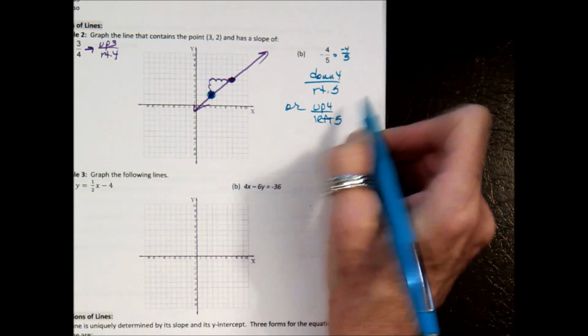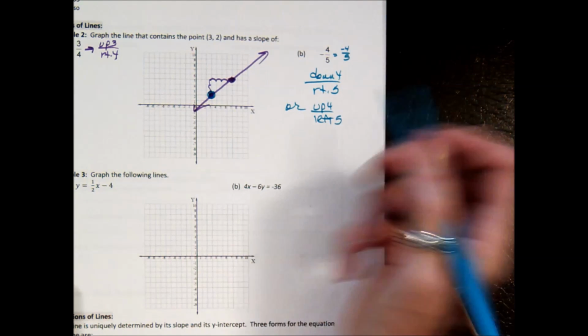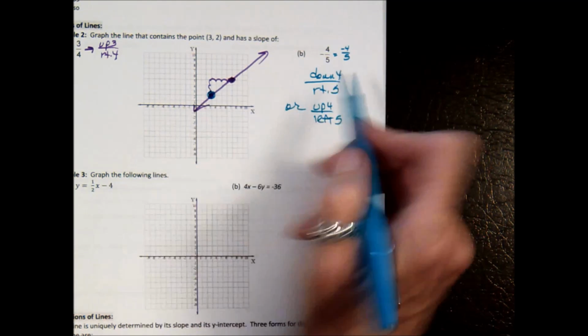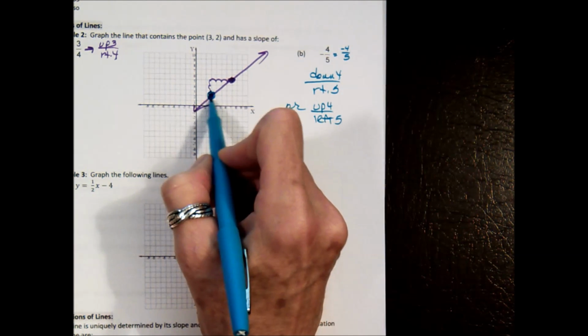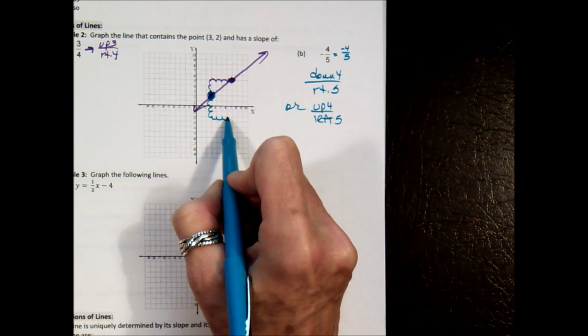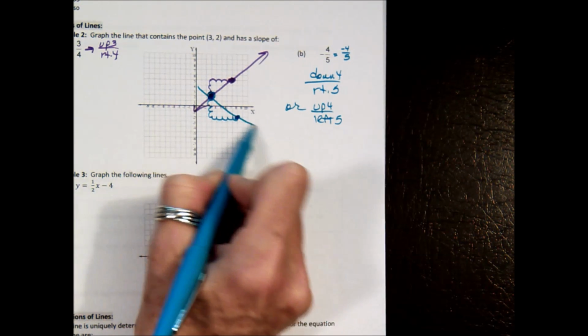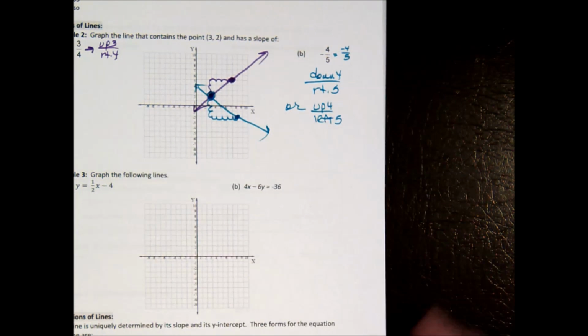And you're going to end up on the same line, not the same point, but the same line. So from this point, I'm going to do this one. We're going to go down 1, 2, 3, 4, right 1, 2, 3, 4, 5, and you can see that the line that contains those points is traveling downward, so it does have negative slope.